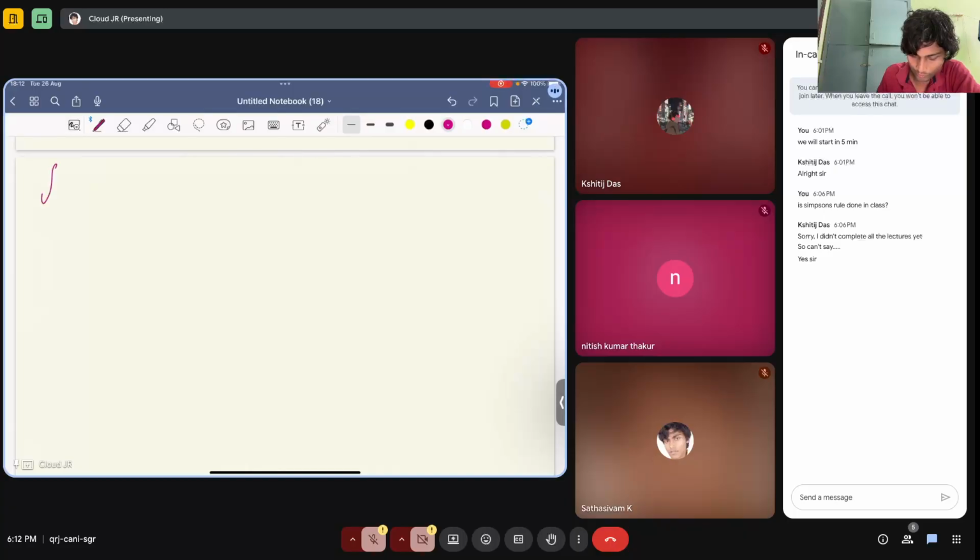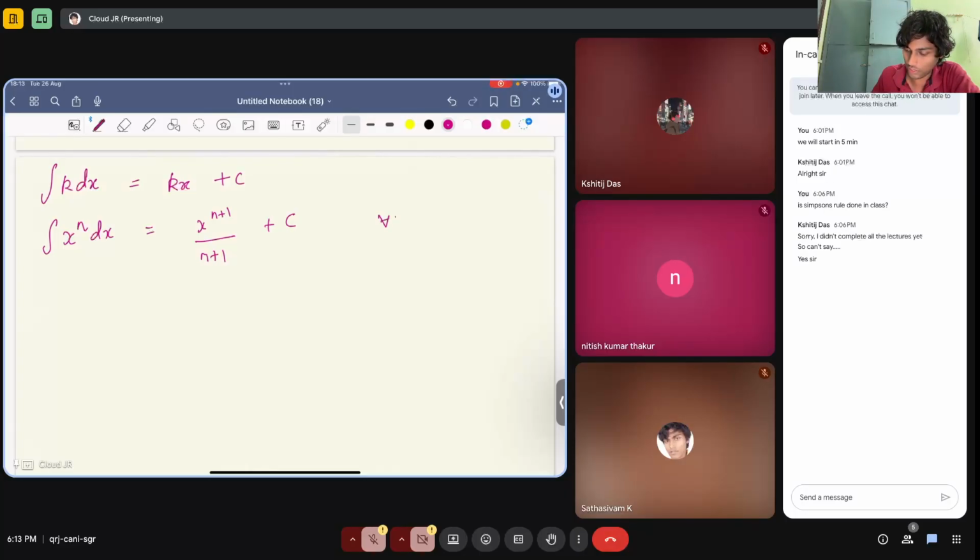So let's say if you have an integral k dx, this is nothing but kx plus c. Okay. And I'm just writing a few formulas. For example, if you have x power n dx, this is nothing but x power n plus 1 by n plus 1 plus c.